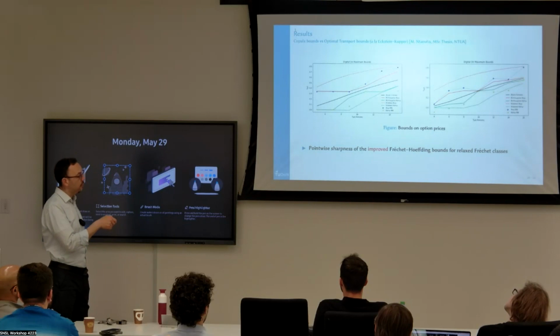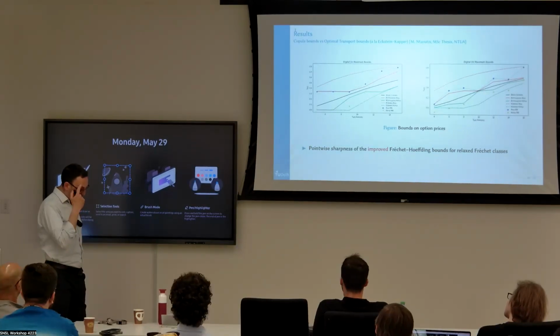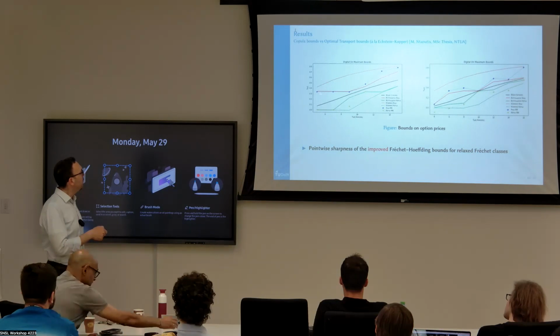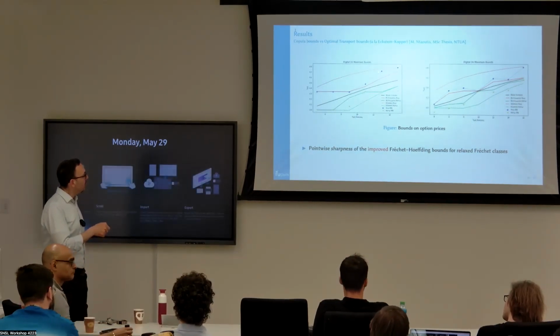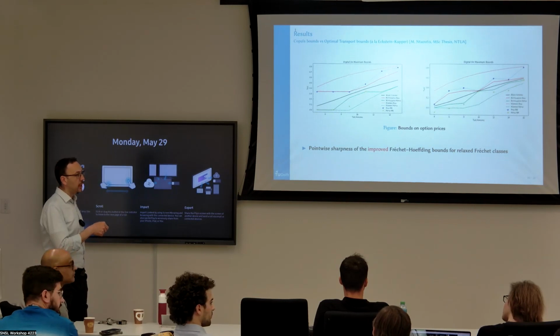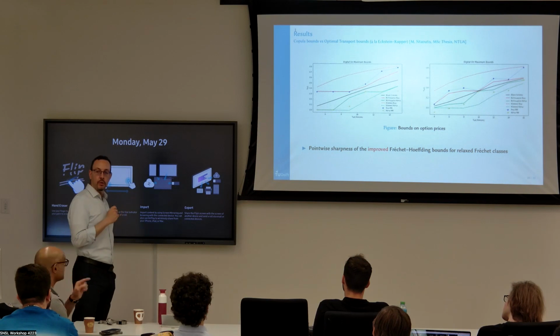Okay, this was the master thesis of a student from Athens, Michalis. Okay, so one point we should make is that the optimal transport is actually solving the sharp problem, and the copulas are giving you like a lower bound.